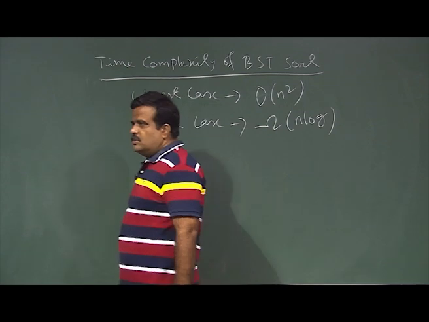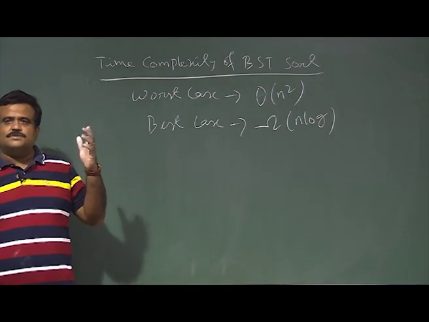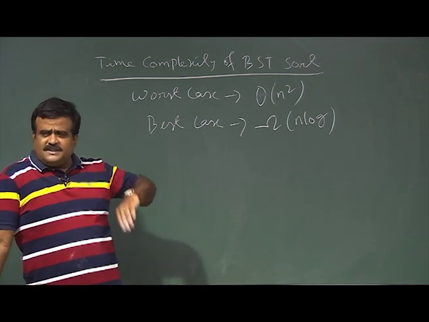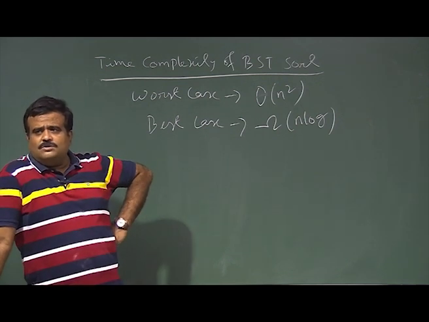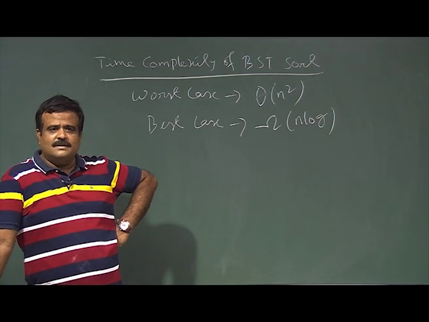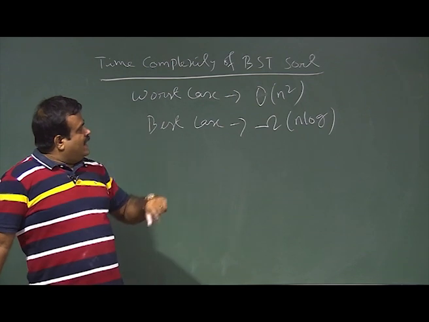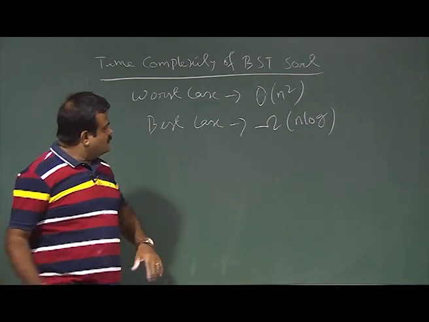So, BST sort is a sorting algorithm which takes worst case order of n square and best case n log n. Does it remind us of some sorting algorithm we know whose performance is like this? Worst case is n square and the best case is n log n.